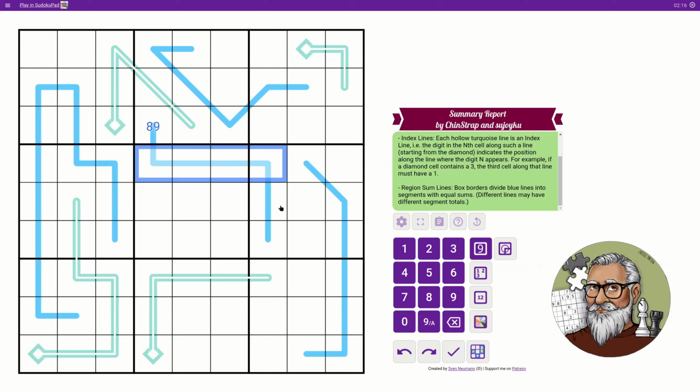Well, one thing to keep in mind is that on an index line, we can't have any digit that's bigger than the length of the line, right? Because it's indexing cells on the line. So we can't put 4 here, for instance, anywhere, because it's pointing to the 4th cell, and the 4th cell doesn't exist.